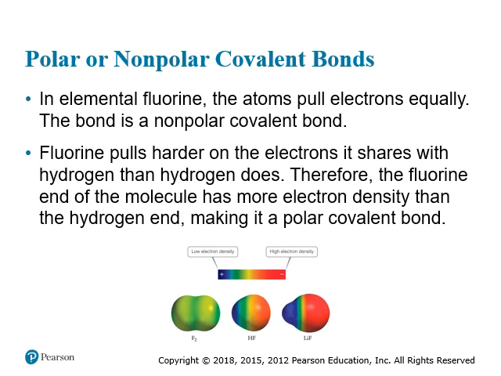If we imagine that the bond itself, the space in between the 2 atoms, has a hydrogen end and a fluorine end, as would be the case with the tug of war, we would see that the electron density would be greater on the fluorine end than it would be on the hydrogen end. That represents a charge distribution between the 2 atoms.